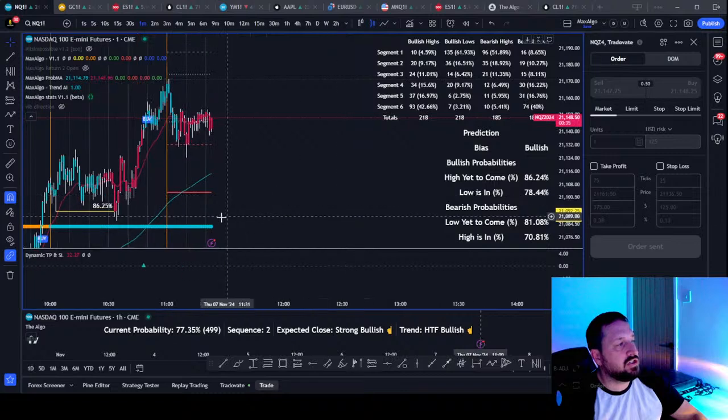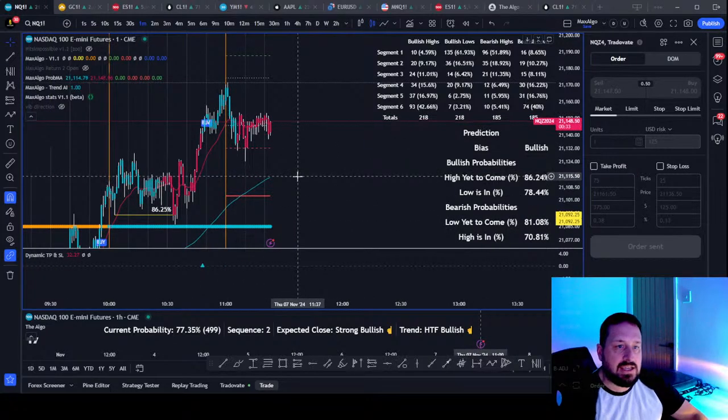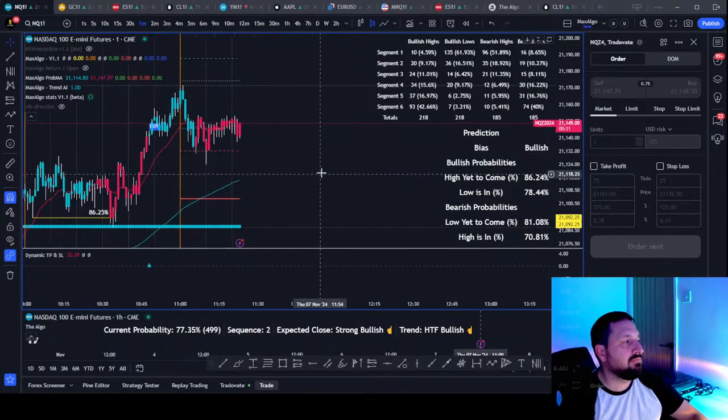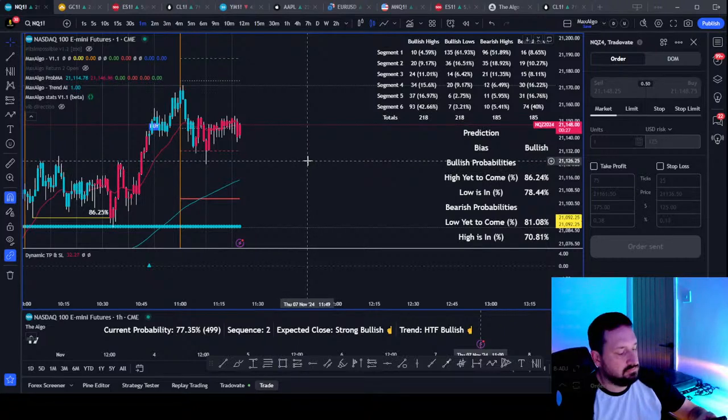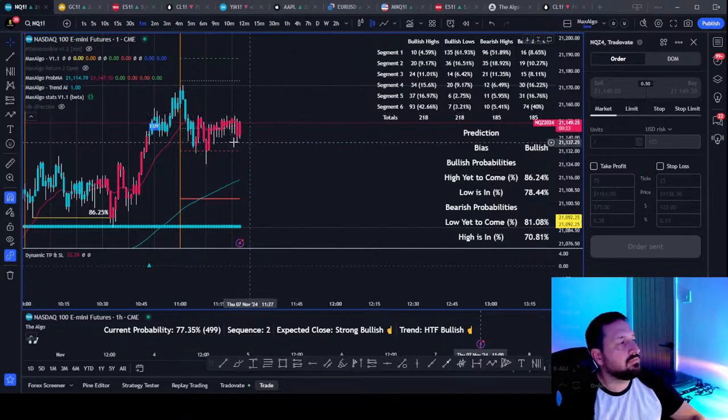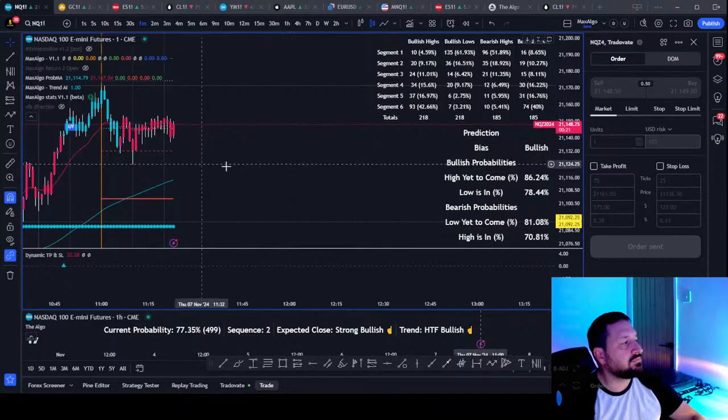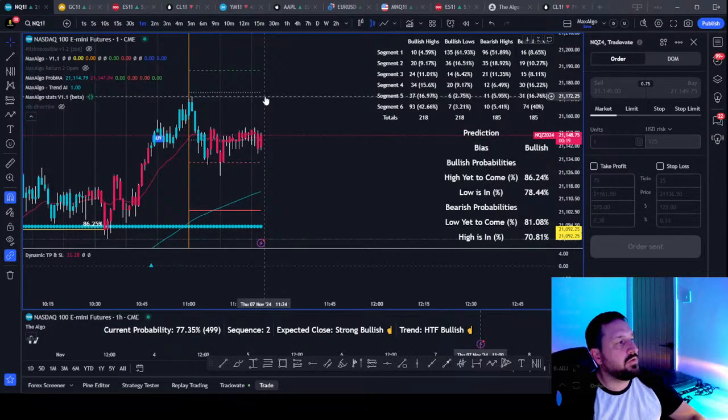Daily being bullish, transition, daily sequence 1. Just about waiting really. So if we're going to get a signal, we'd need to take the high now.